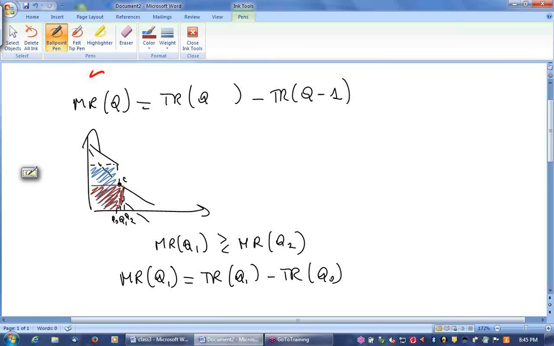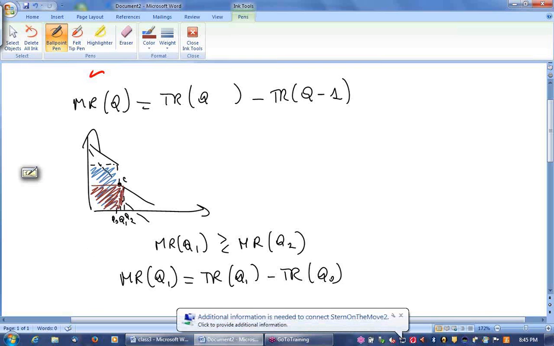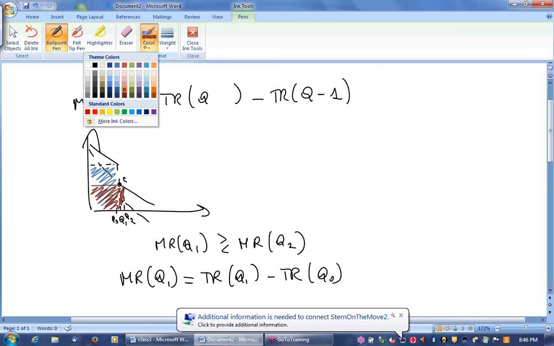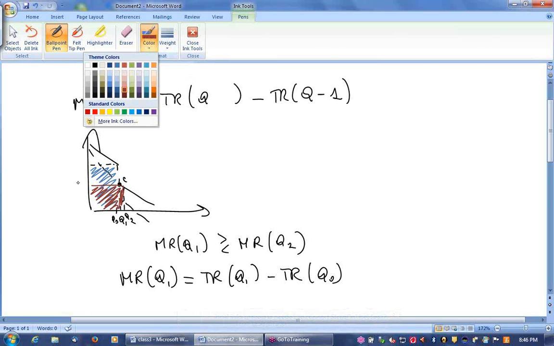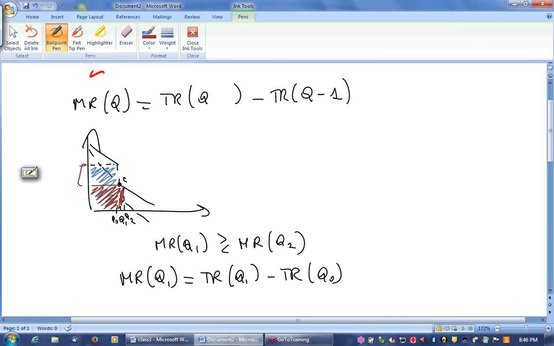right? So as you can see, in order to sell one extra unit, that is to go from Q0 to Q1, you are losing a lot of revenue because you are decreasing the price by a lot. You decrease the price by a lot, that is this part, and you are gaining only a small area here, that is you sell only one extra unit.